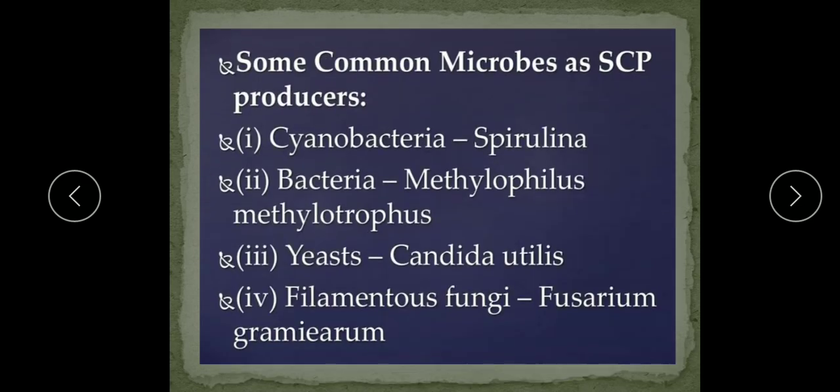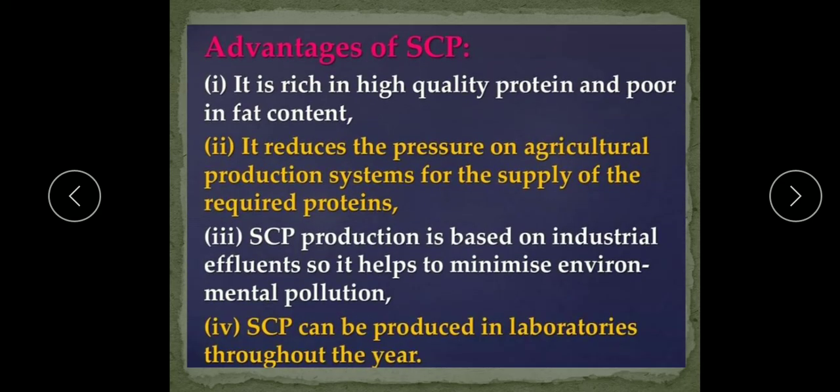Some common microbes as SCP producers are cyanobacteria like spirulina, bacteria like Methylophilus methylotrophus, yeast Candida utilis, and filamentous fungi Fusarium graminearum. So these are some microbes used as SCP.